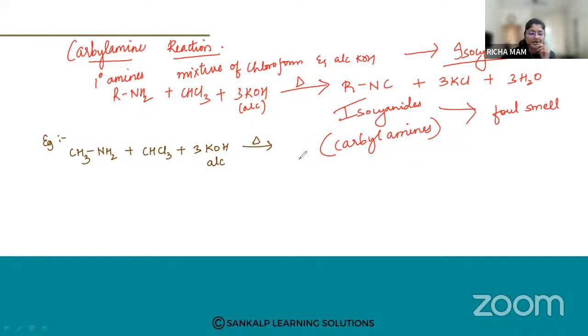Okay, I'll tell you then. It will be CH3NC. We are going to get methyl isocyanide.